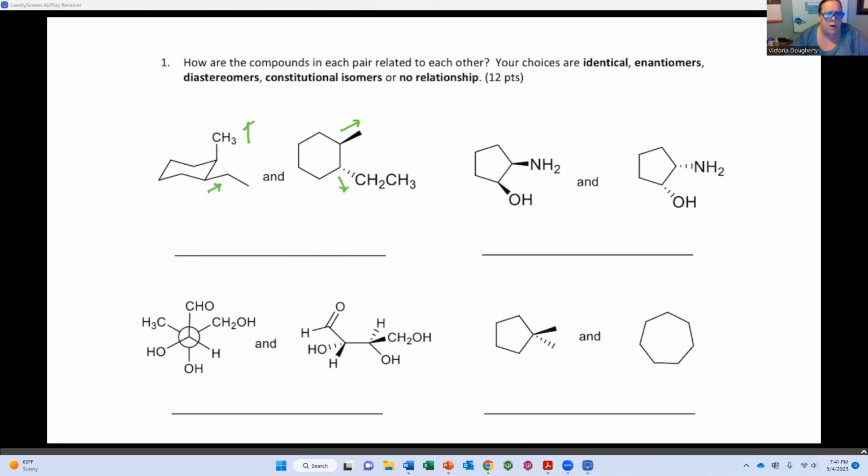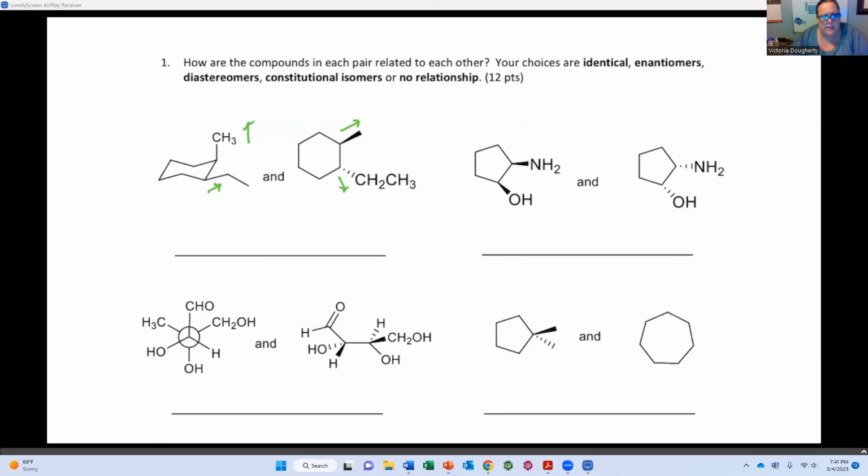So if one is up and the other is down, by definition they can't be the same compound, because they're locked. There's no free rotation. They can't be enantiomers because they wouldn't be mirror images. They're obviously more than constitutional isomers because it's 1-ethyl, 2-methyl cyclohexane for both of these.